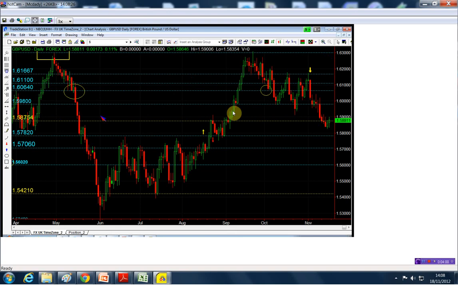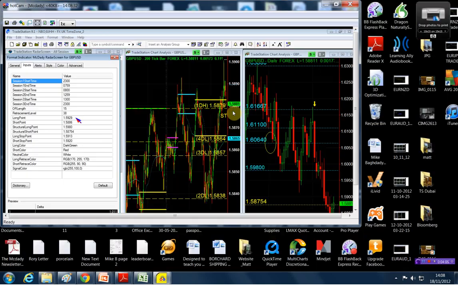So for the pound dollar, we're going to buy above the 159. That is the buy here, and our stop is going to be below 158.75, and my structural long point is going to be the 159.80, which doesn't change.